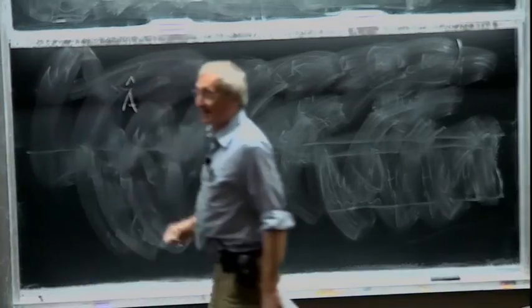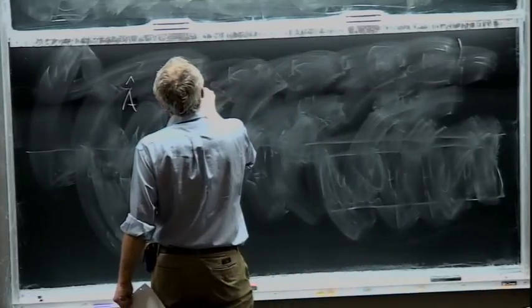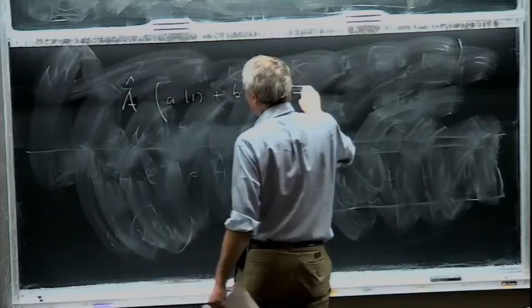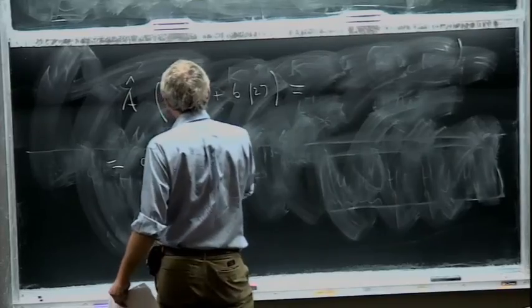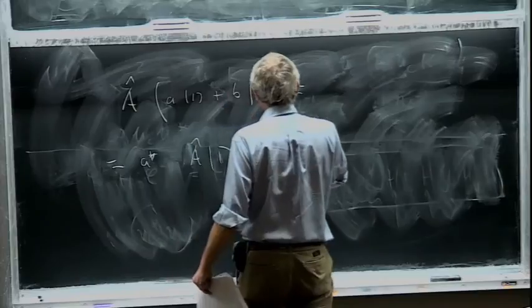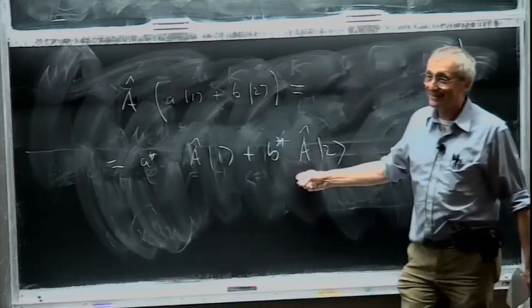So the anti-unitary ones are really antilinear. So if I have an antilinear operator, the anti-unitary one being a special case of that, and I have A1 plus B2, then they would be A star A1 plus B star A2. So that's an antilinear, right?